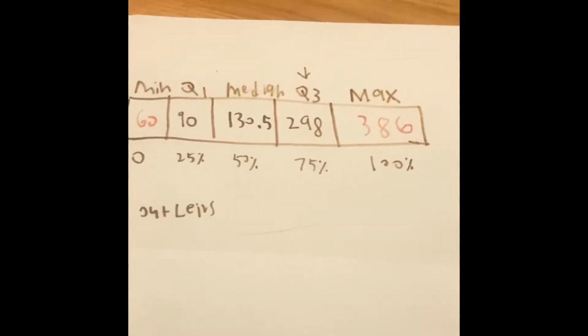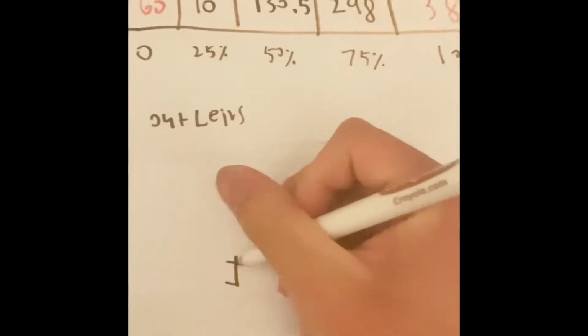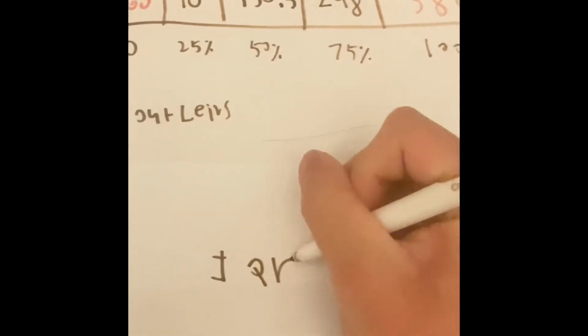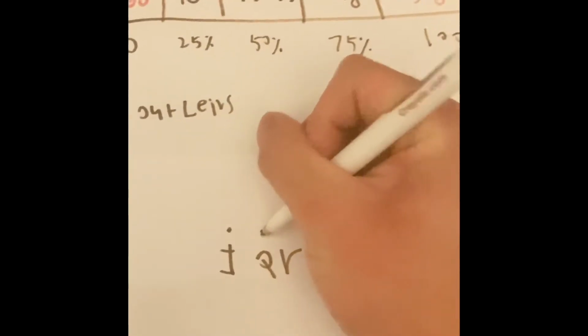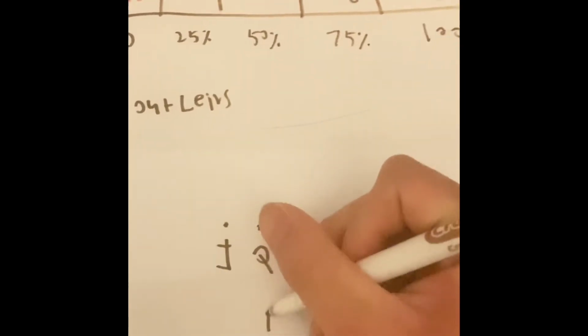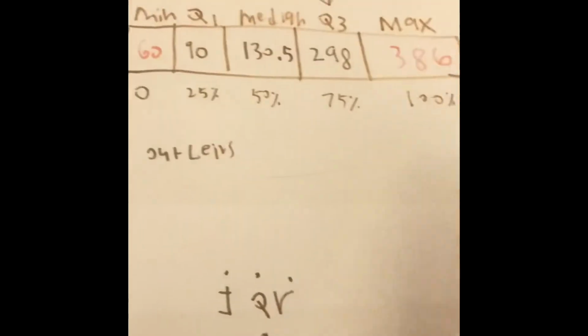The first step to finding an outlier is understanding what the IQR is. That's called the interquartile range. Quartile represents the quarters that we mentioned earlier. Range represents the numerical distance between the two.